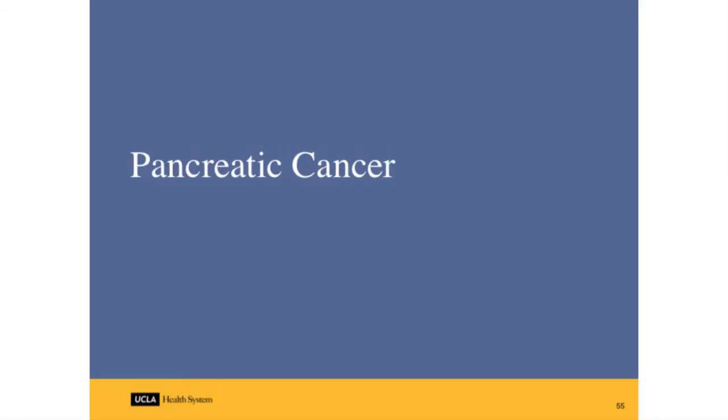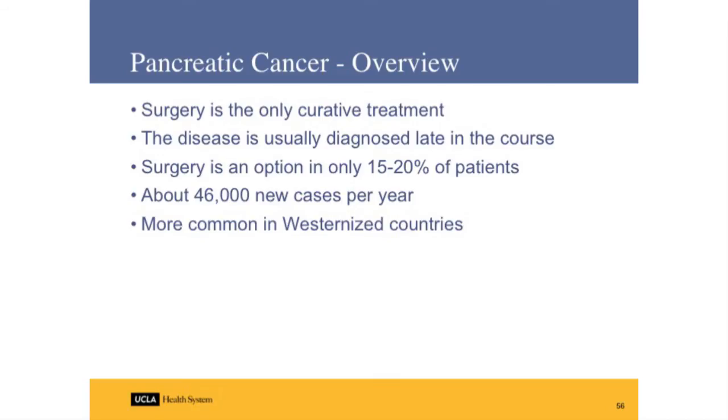Now, the last cancer I'm going to talk about is pancreatic cancer. This is a cancer which oftentimes has a poor prognosis, and it's often diagnosed at late stages. Surgery is the only curative treatment for pancreatic cancer, and unfortunately, surgery is only an option in 15 to 20% of cases.